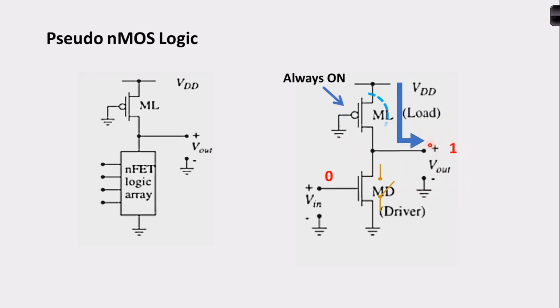Once it is completely charged to VDD, I get the output voltage as VDD, which is considered logic 1.